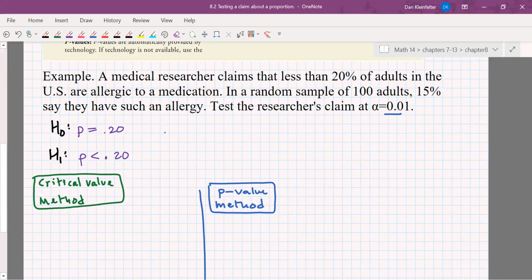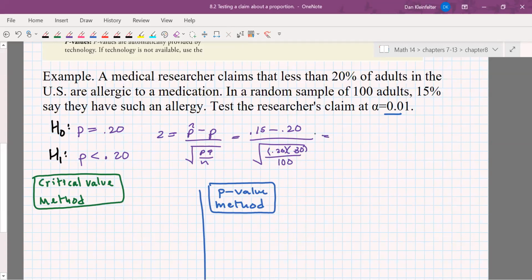All right, so either way, I'm going to end up needing the test statistic. This is about a proportion, so let's get that. Z is equal to P hat, that's from the sample, 0.15, minus P over the square root of PQ over N. So from the sample, 0.15, from the hypothesis, that's 0.20, square root from the hypothesis, 0.20 and then 0.80, and then there were 100 adults.